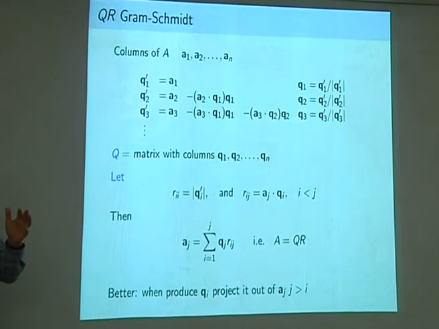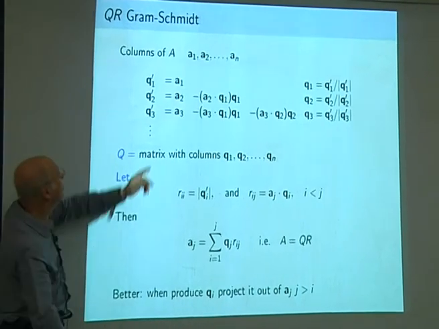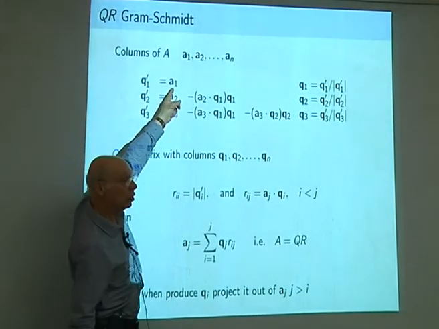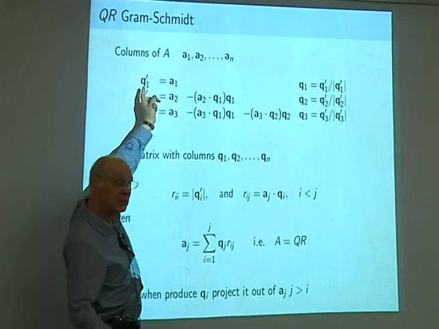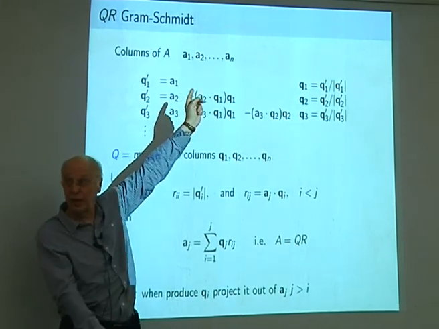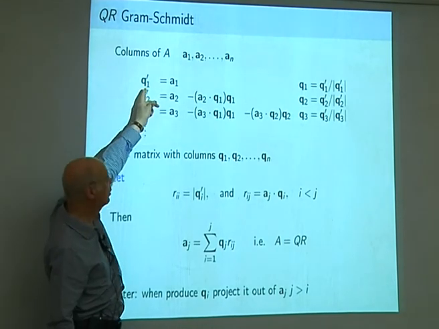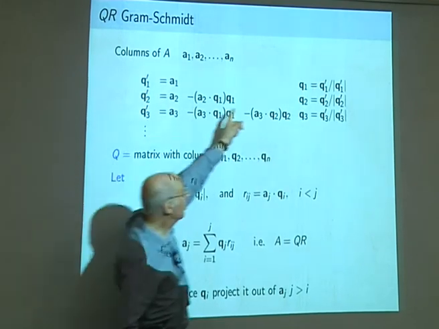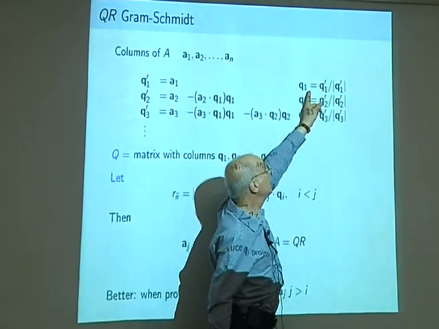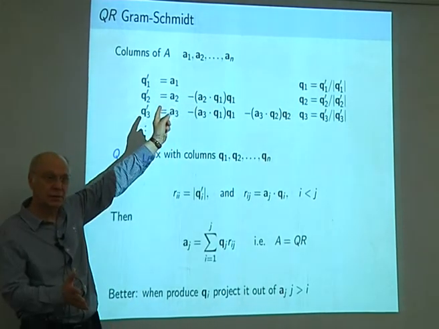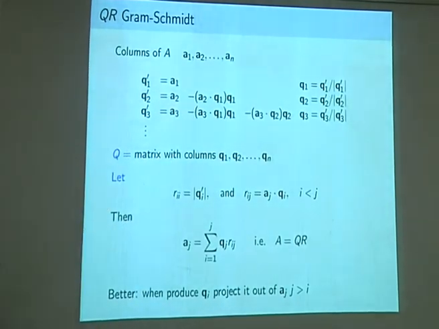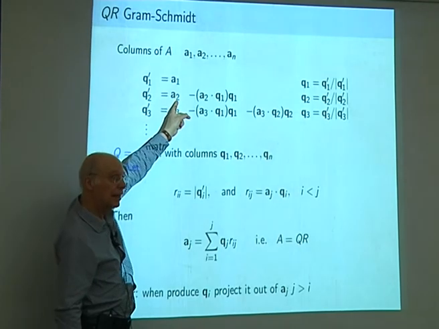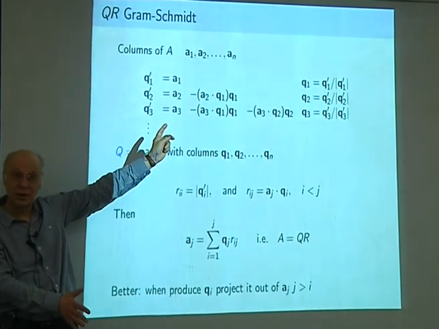You write the matrix as n column vectors. So these are column vectors 1, 2, up to n. You grab hold of the first column and you call it Q. This is about to become the first column of the rotation matrix Q. That's why it's Q. But of course it's not size 1. So we go and make sure it's size 1. So the first column normalized is going to be the first column of Q. Then we go to the second column of A, and we want it to be orthogonal to the first column.